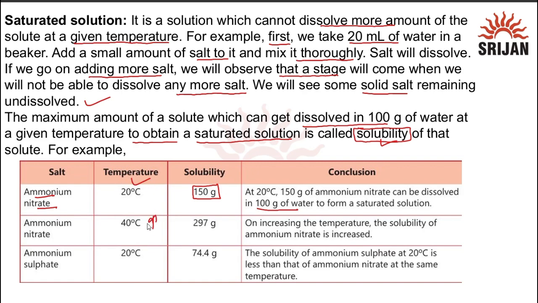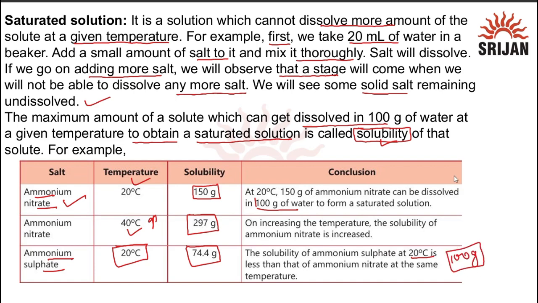If we increase the temperature to 40 degrees Celsius, now in the same amount of water, that is 100 gram, we get 297 gram of ammonium nitrate that gets dissolved in the water. And if we talk about ammonium sulfate at 20 degrees Celsius, only 74.4 gram of it can be dissolved in 100 grams of water.